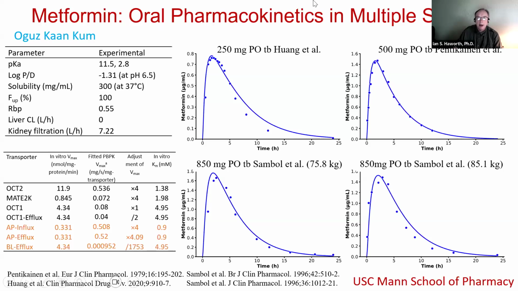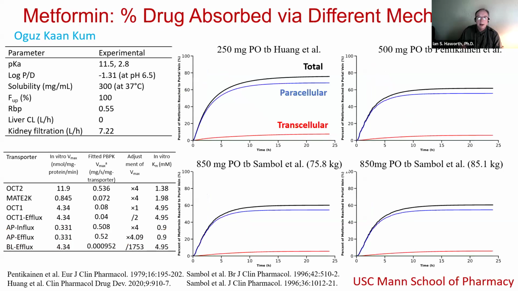And again, we are looking at multiple studies over different doses, and we can capture those observed data pretty well. And eventually, the final test here is to look at the percent of metformin moving paracellularly and the percent moving transcellularly via transporters.